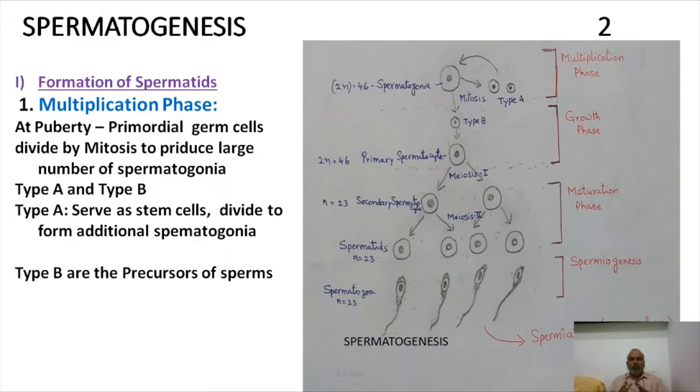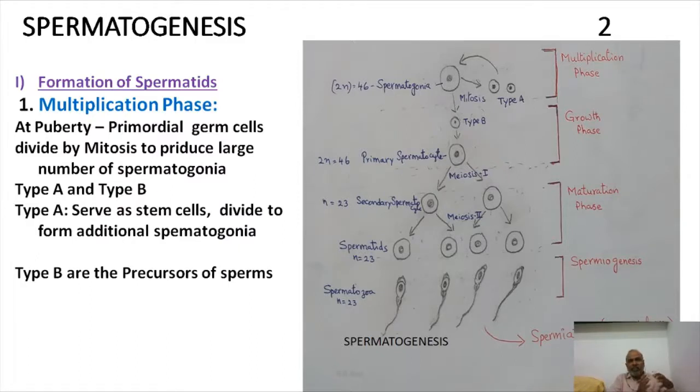During the multiplication phase, as the spermatogonia perform mitosis to form a number of cells, some of the cells formed will be retained there itself to act as further spermatogonia. They are called type A cells.